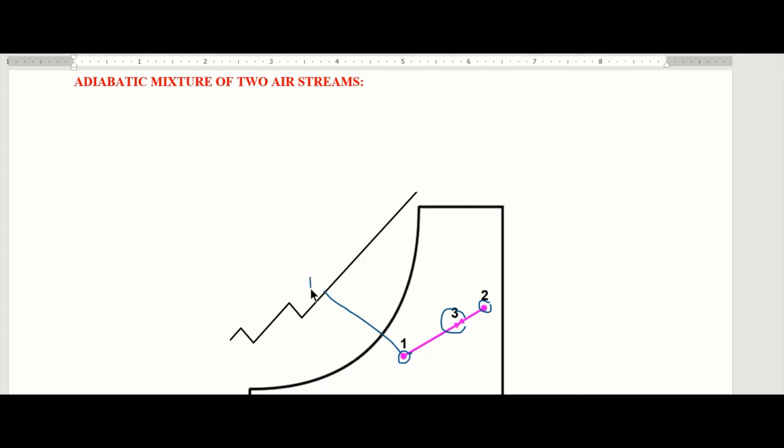As you can see, this is H1. This has a different enthalpy which is H2.